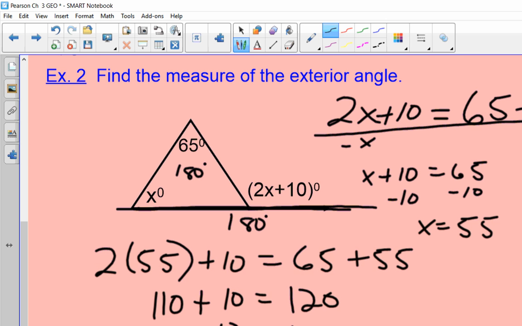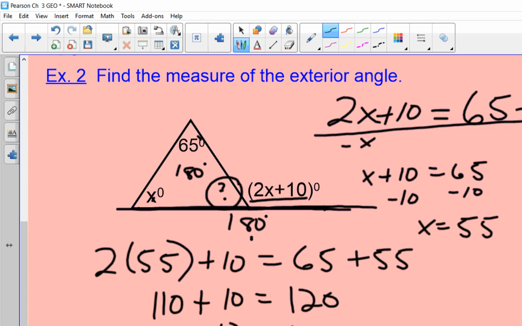We've known that for a little while now. So this angle right here, where I put the question mark, when I add it to this one, should give me 180. But this angle right here, when I add it to these other two, should give me 180. So this angle is going to help me in two different situations. It's going to help me get that this triangle is 180 degrees, but it's also going to help me find that the line's 180.